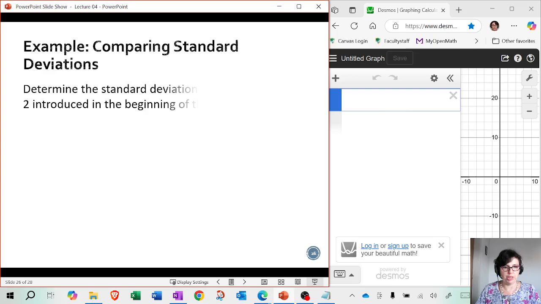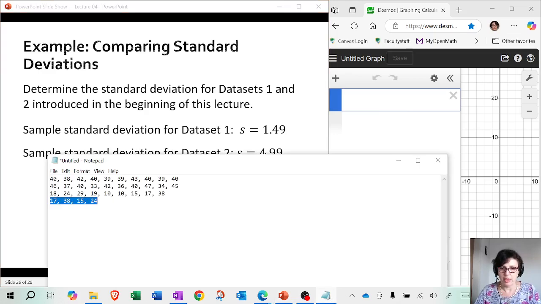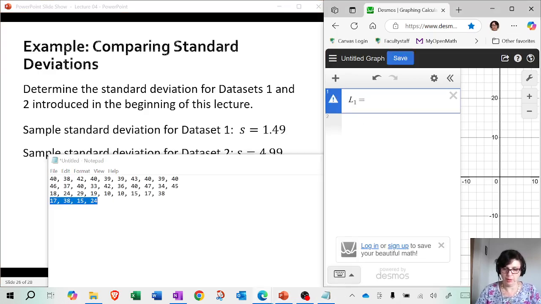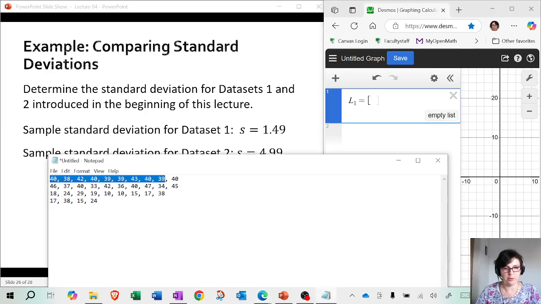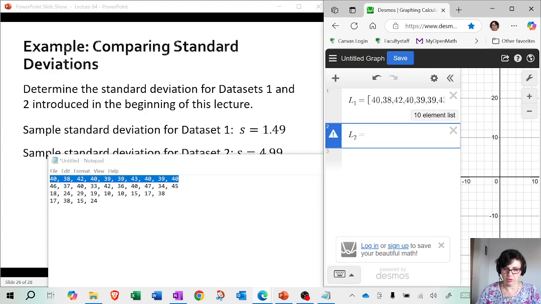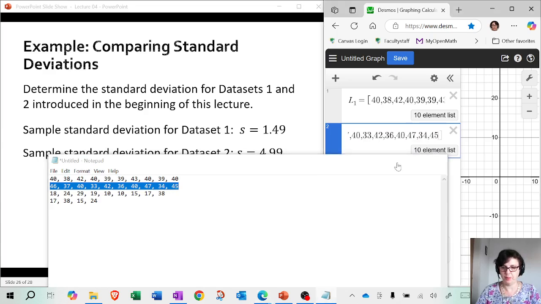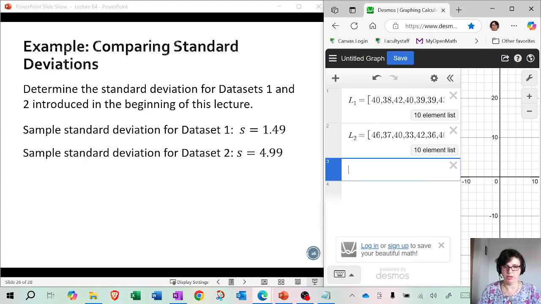Now, computing it and comparing it, let's look at the two data sets that we looked at in the beginning of this lesson. So let me copy them again into Desmos and let's compute the standard deviations and compare, just to make sure that I got them here as correct. It doesn't matter whether this is sample or population, but let's just assume this is sample.